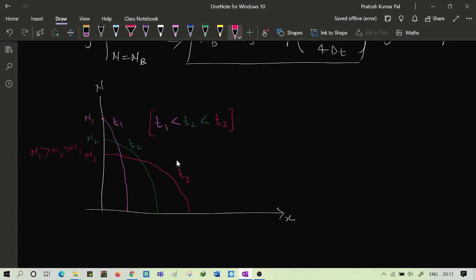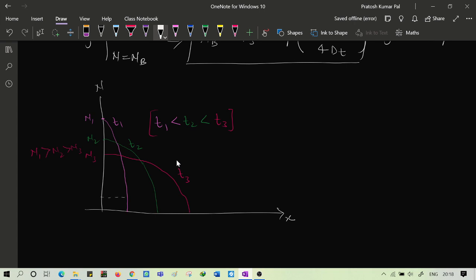That means n3 will be the lowest concentration of dopant at the surface. So once we have done the diffusion for t1 time period, and again do the diffusion, the dopant concentration at the surface will be lower than the initial dopant concentration for the t1 time period.